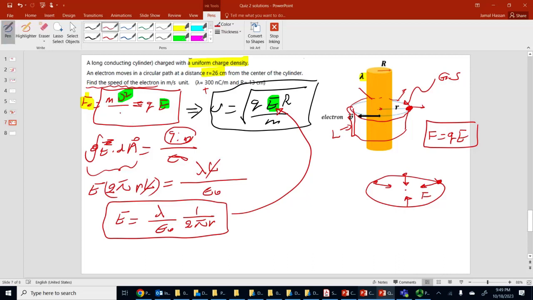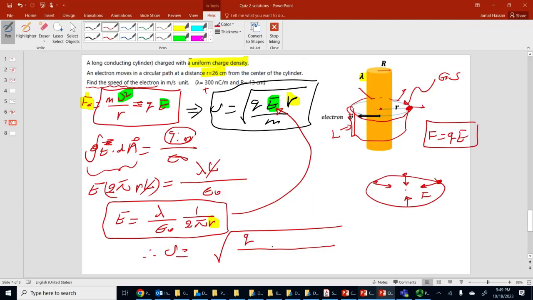It's actually small r. Remember, you have one r here and one r there, so there will be some cancellation. Let's do this. So V is equal to Q.